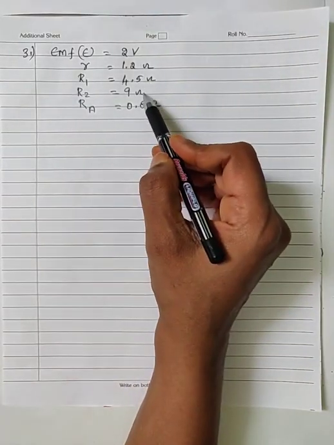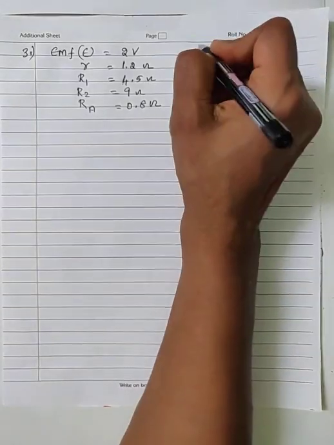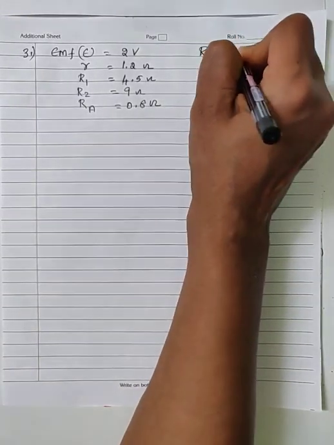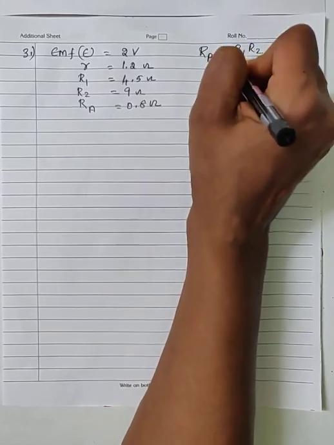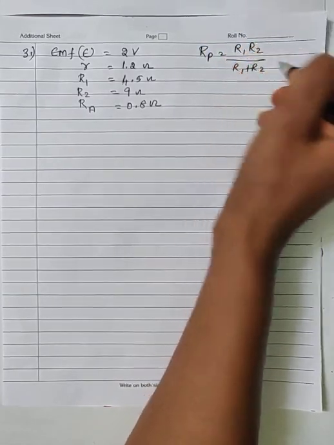Now R1 and R2 are connected in parallel. So the effective value of the parallel combination RP is equal to R1 R2 by R1 plus R2.